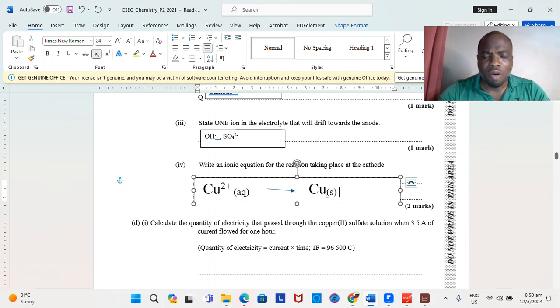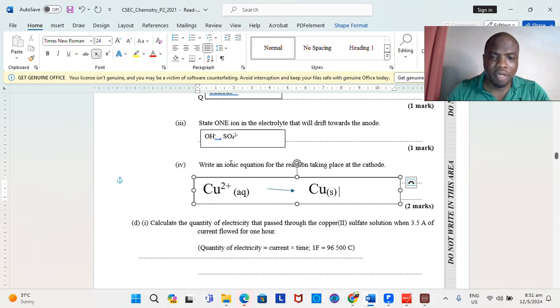Now remember, one of the prerequisites of electrolysis is oxidation and reduction. And so sometimes CXC may even ask you, what is happening at the anode, what is happening at the cathode? This 2 plus simply means that the copper has a +2 charge in terms of oxidation. Once you have a neutral atom, then the charge would be 0.